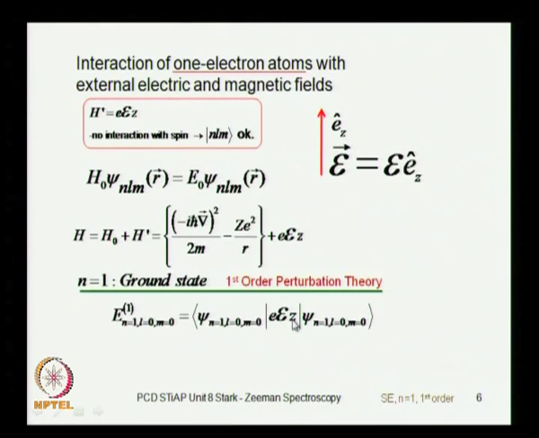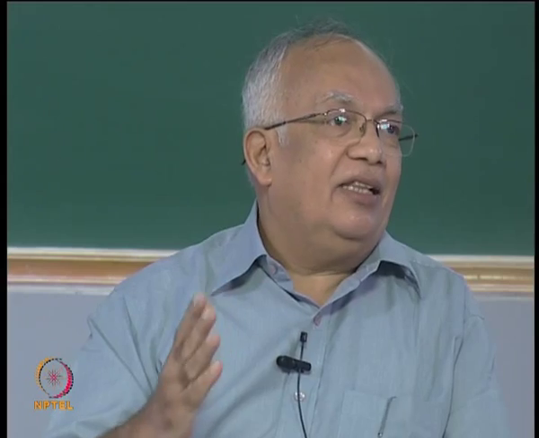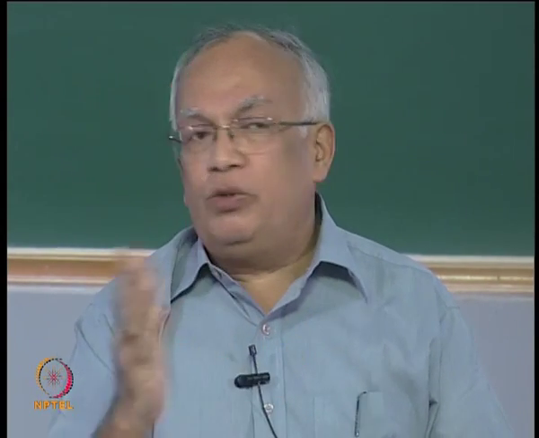This has a symmetry about the z axis, so this state, as well as this state, both have even parity, while z has odd parity. So this integral will essentially vanish, because the contributions of the plus z will cancel the contributions from the minus z when you take the integral over the whole space.